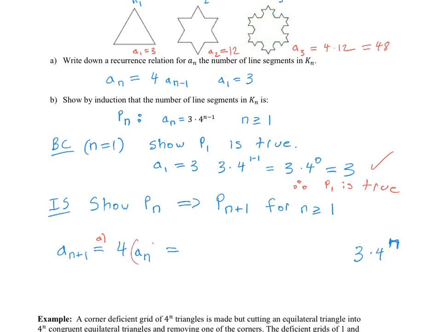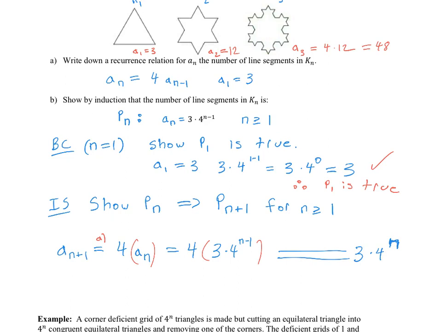So a sub n is going to get exchanged for 3 times 4 to the power n minus 1. So 3 times 4 to the power n minus 1, and we'll bring along the 4 from the previous part. And now, lo and behold, if we combine our 4s, we do get what we want. 3 times 4 to the power n.